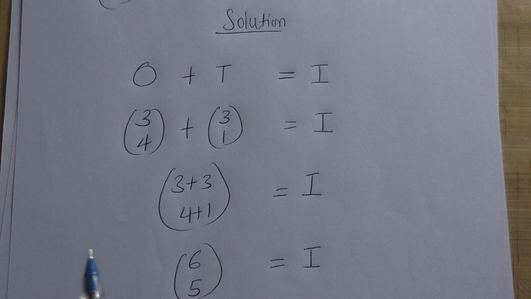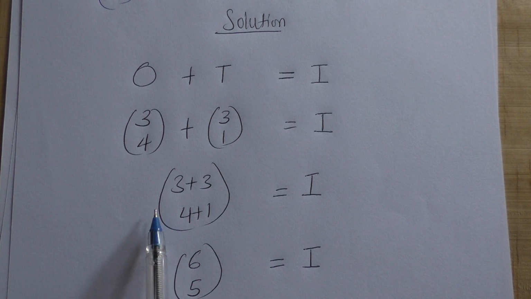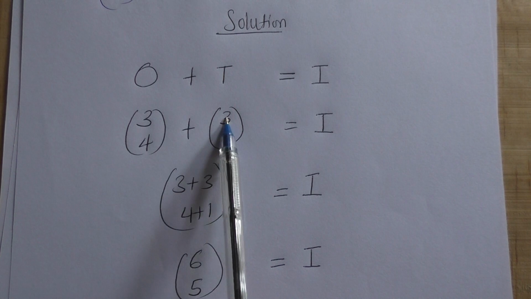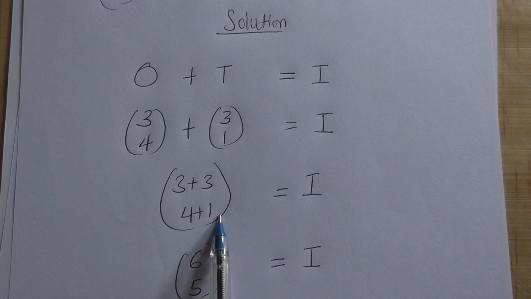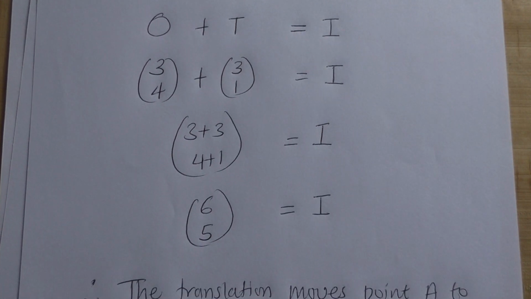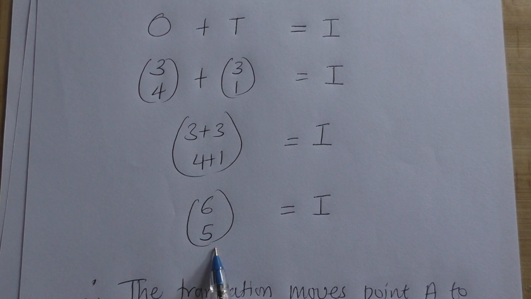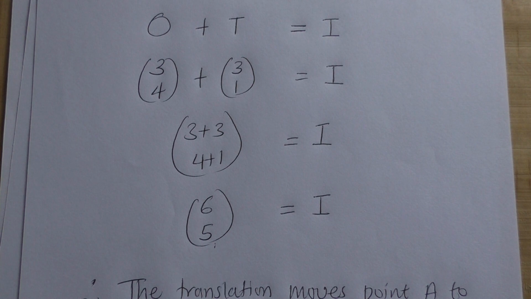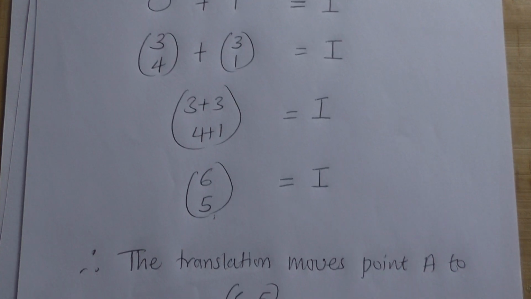Similarly, we shall add corresponding coordinates of x and y. That is, 3 goes with a 3 and 4 goes with a 1, hence giving us the image vector as 6, 5. From this vector, we get the new position of point A, which is its image.